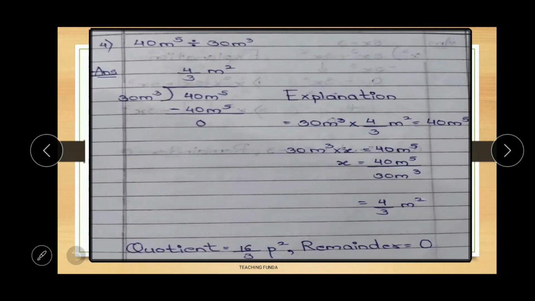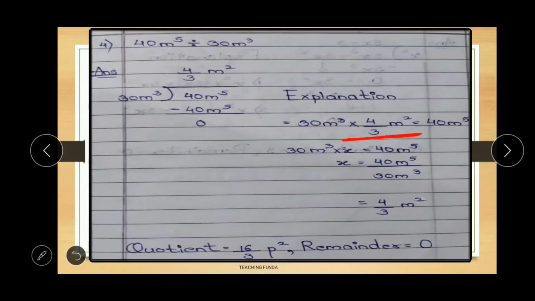40m raised to 5 divided by 30m cube. Now here write in this way and the explanation on the right side. So 30m cube into what number will give you 40m raised to 5? Now again same thing, consider here as x.